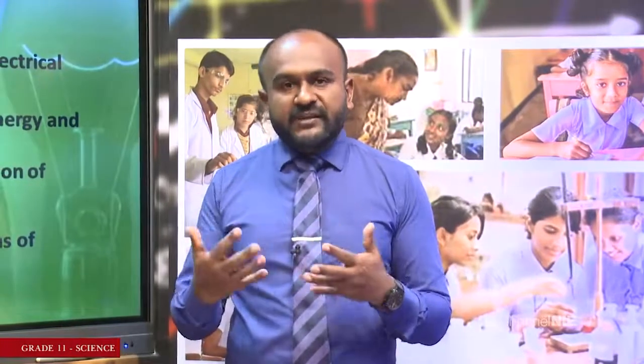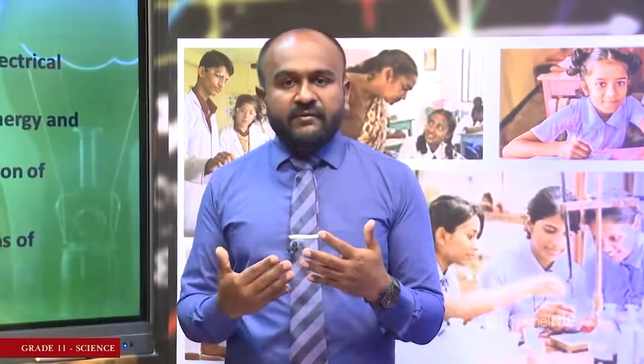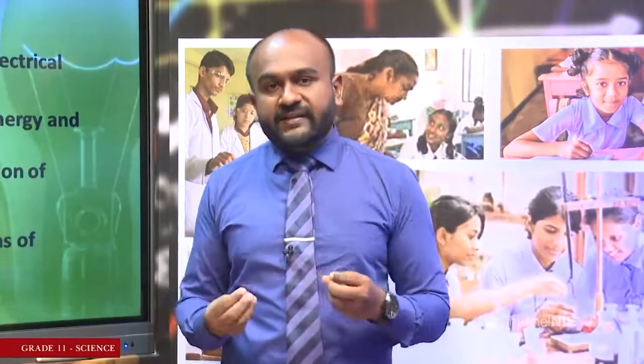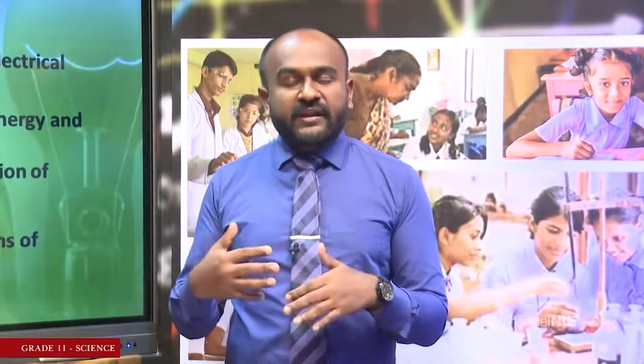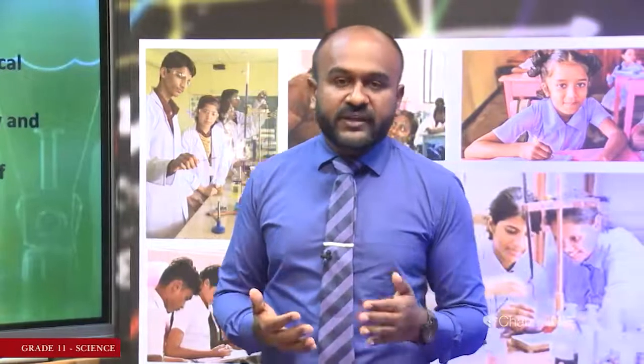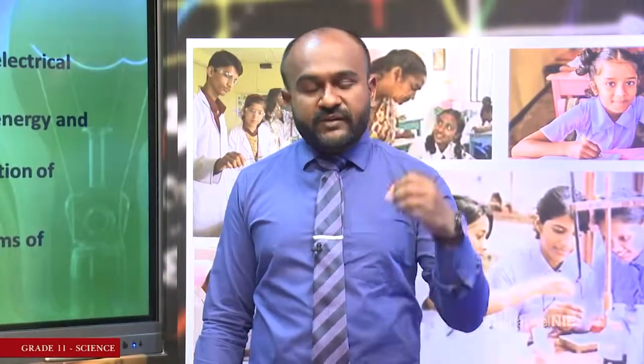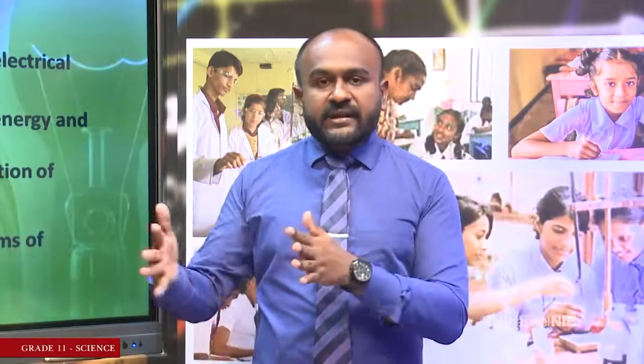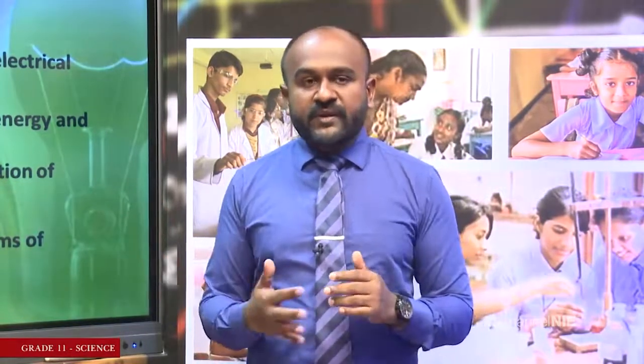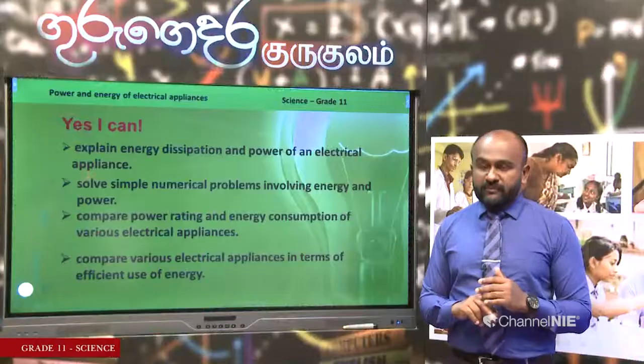Whenever we use electricity, we have to think of saving electricity. For that, we need to use energy efficient electrical appliances. We use energy efficient bulbs like LED bulbs, and we are using LED televisions, and there are several devices that we use. That is the next learning outcome.